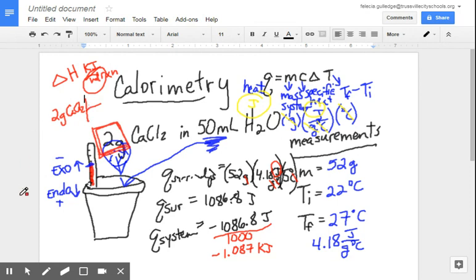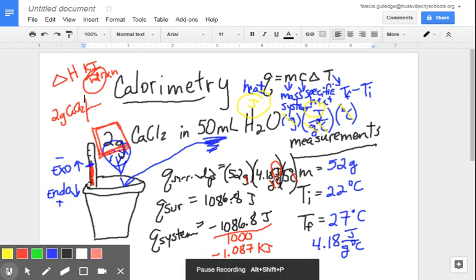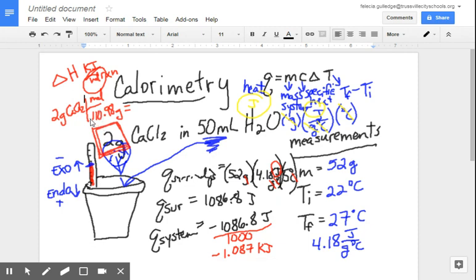I'll have to look that up real quick. So I looked on my periodic table, and the mass of my calcium chloride was 110.98 grams. So if I take 2 grams divided by 110.98, I get 0.018 moles of CaCl2.